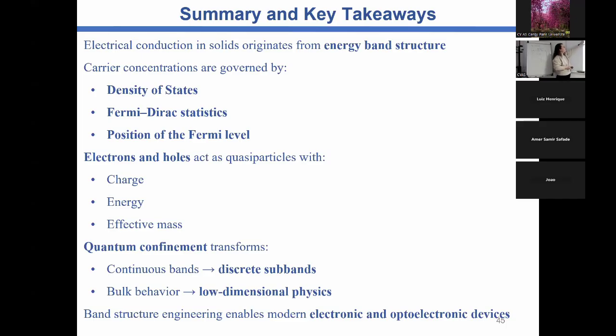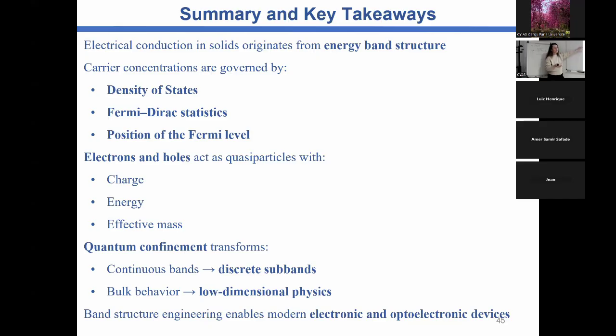We can also use the density of states to know the mobility and the effective mass of the material. But for us, it's useful to know if there is some semiconductor property or metal or insulator property. Fermi-Dirac statistics rules the distribution of electrons in those states, and the position of the Fermi level can be adjusted if you have doping or not in your material.